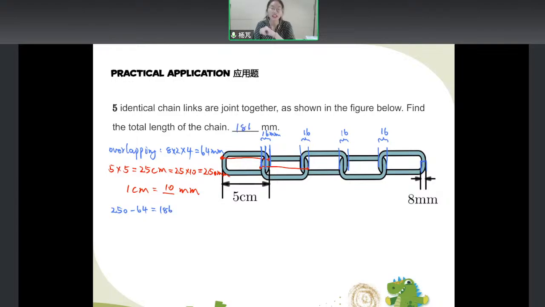Yeah, this one is a little bit hard because of the overlapping part. How we understand the overlapping part is super important. Okay, yeah. And another trap is the different units: centimeter, millimeter.